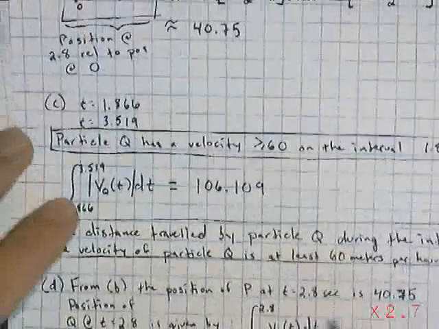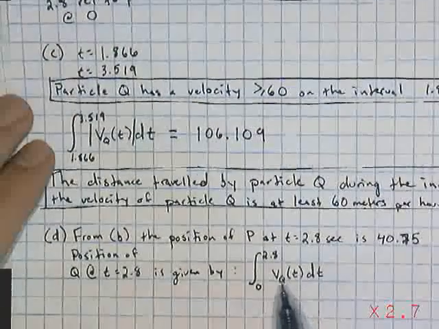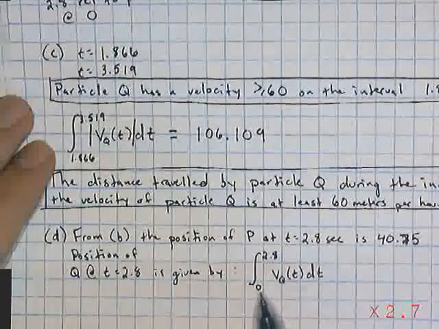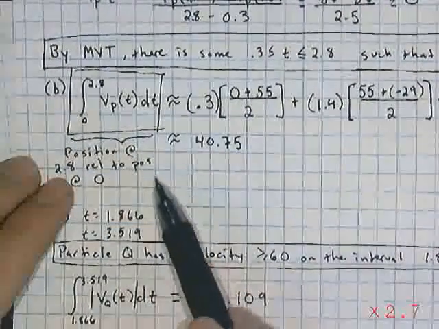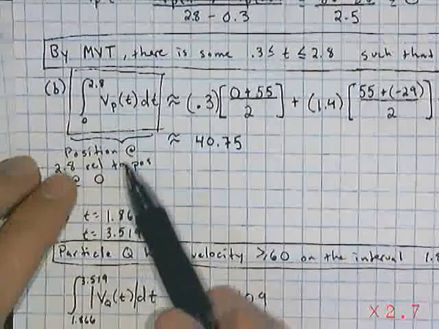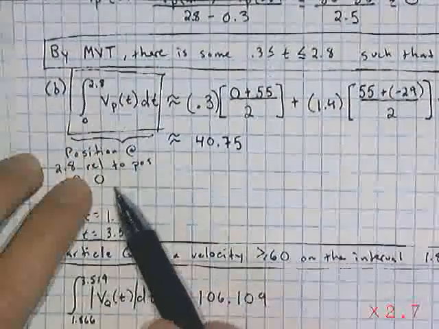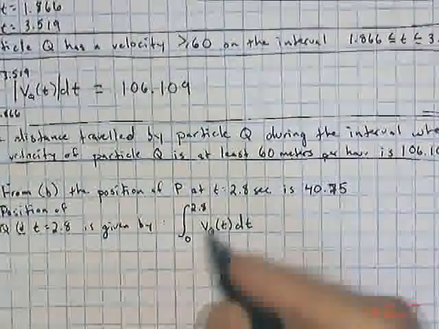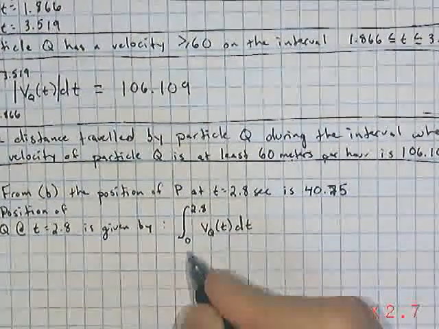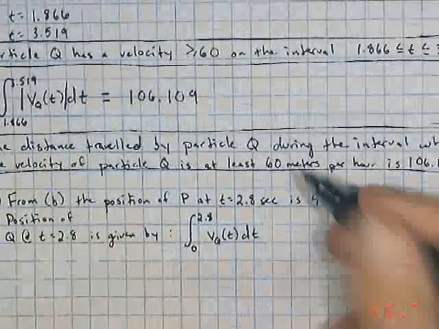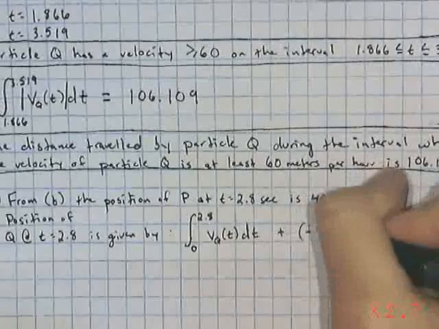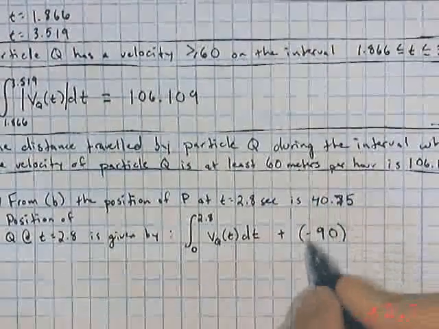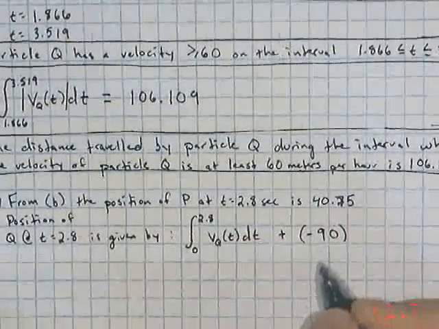But again, this is the relative position from this starting point, the position at 2.8 relative to where you were at position 0. With P, we started at position 0, so it was just whatever the answer was. But we need to do this relative to where we were at 0. The problem tells us that at time 0, we were at negative 90. This is the position at time 0.